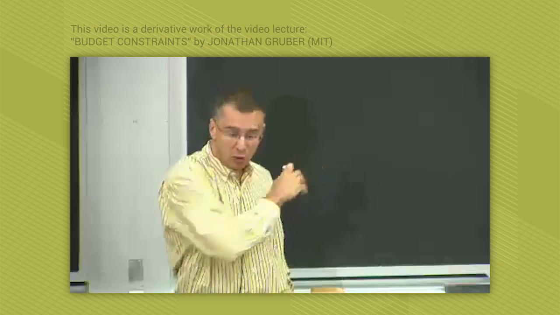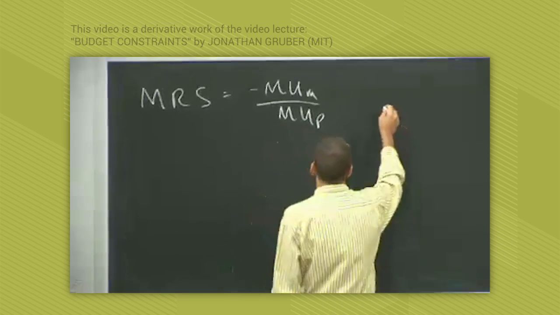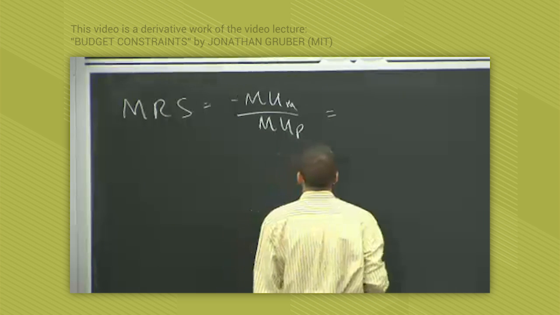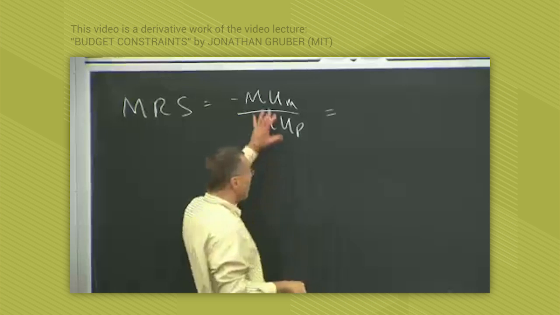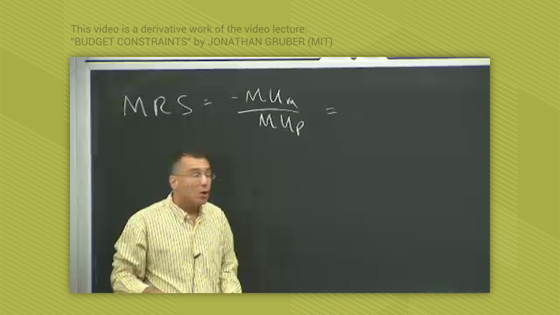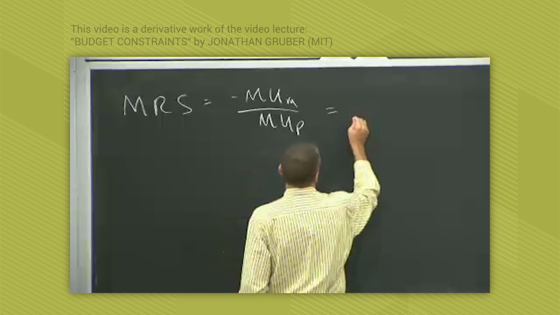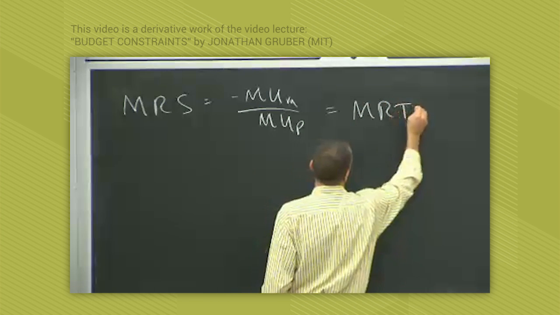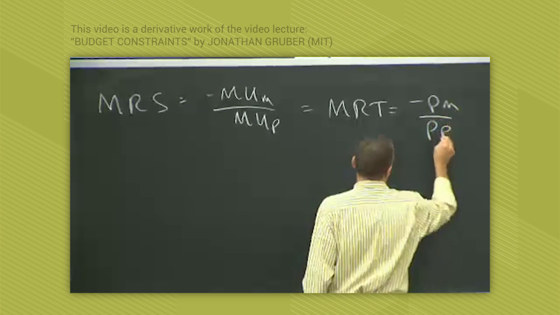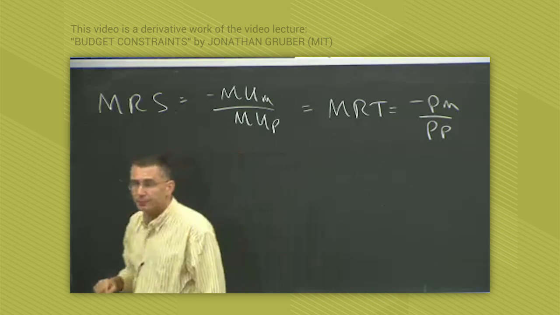That's about preferences only. At the same time, we're saying that that marginal rate of substitution is equal to this slope, is equal to the slope of the budget constraint. Well, the slope of the budget constraint we call the marginal rate of transformation, which is the price ratio. Okay?